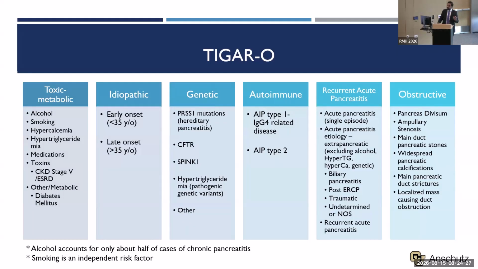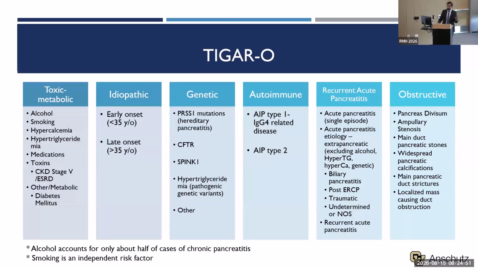If it's idiopathic as an etiology, is it early onset? Because that makes you want to think, do I need to go to genetic testing, which we'll talk about on my next slide. Autoimmune pancreatitis can be easily tested for, especially when it's IgG4 related disease. Then take a good history on whether they've had recurrent bouts of pancreatitis. What has that occurred from? Why did it occur? Is it anything that's on this list or not on this list?